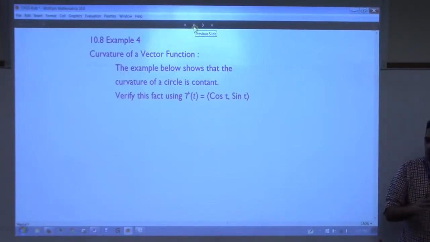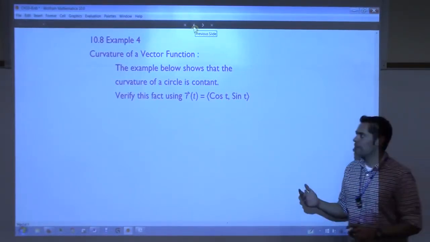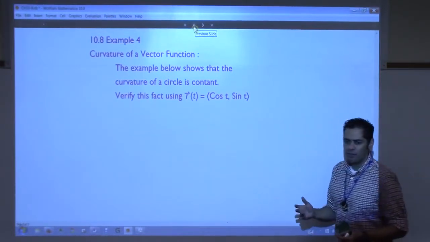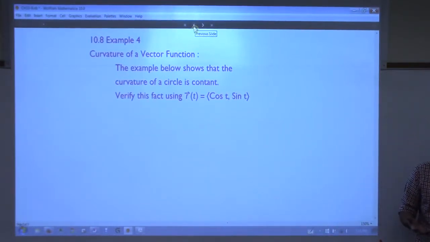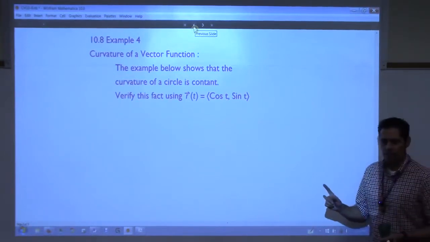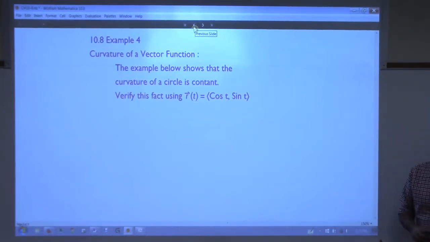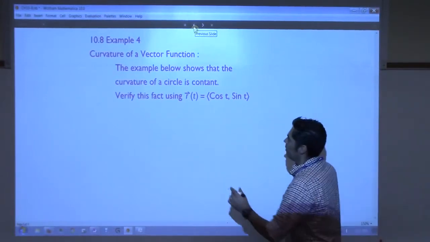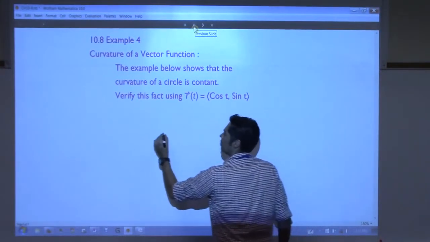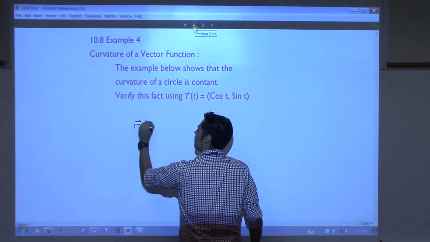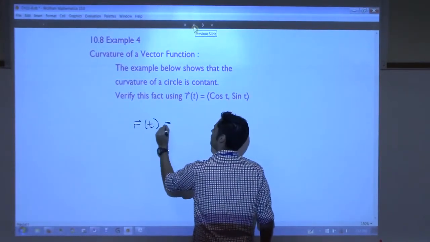And couldn't we only do cross products on vectors in three-dimensional space? There's a workaround. If you want, let's do the workaround. I like the workaround. This is R of t, right? What I'm going to do is extend R of t into three-dimensional space. Watch.